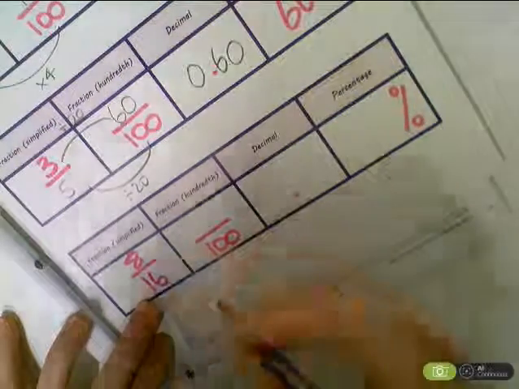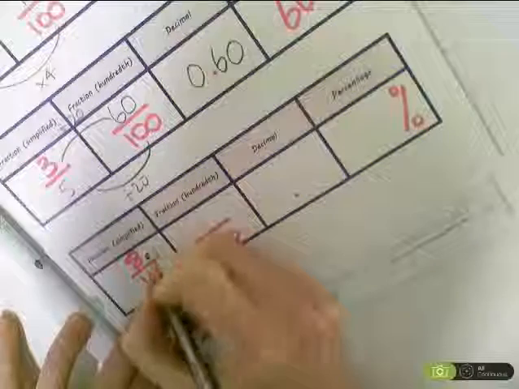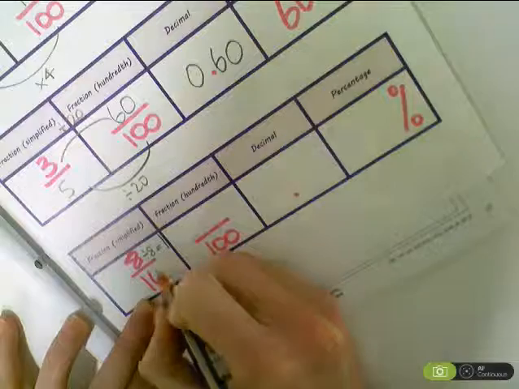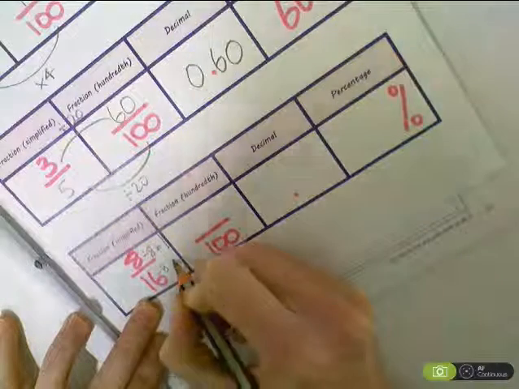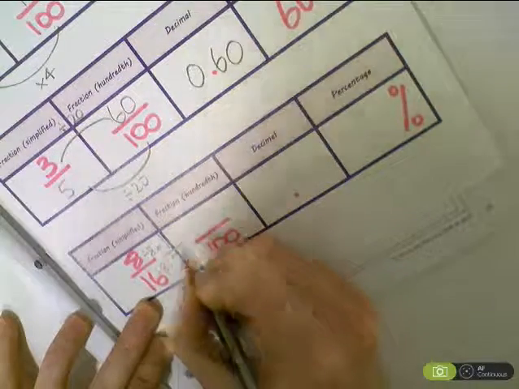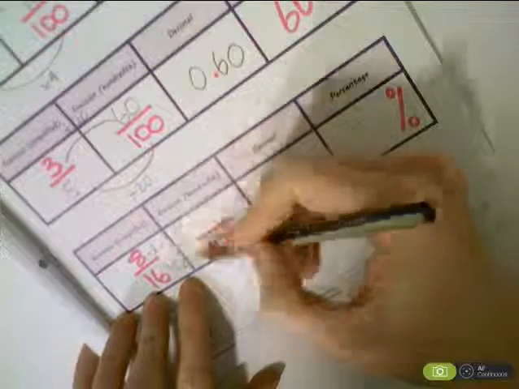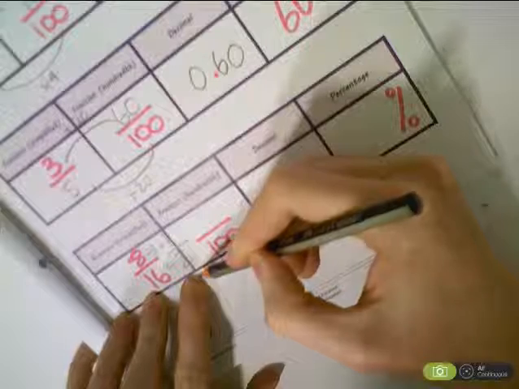So to simplify it, 8 divided by 8 is 1, 16 divided by 8 is 2. There are 2 8s in 16 and 1 8 in 8. So my most simplified fraction here is actually 1/2. I hope you can see that.